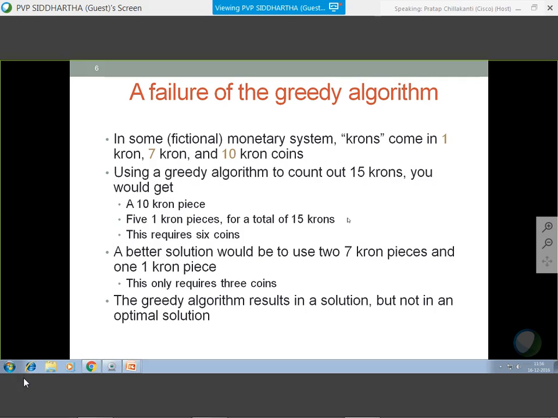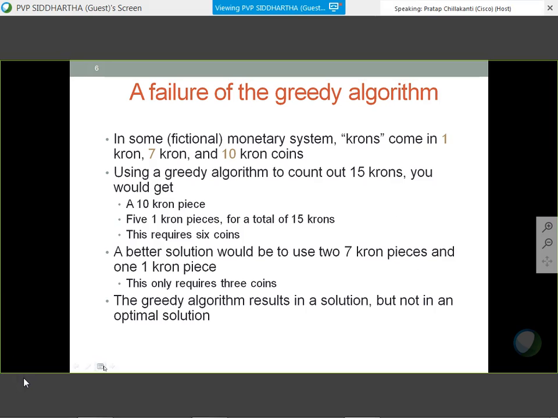Keep on choosing highest denomination until it exceeds the value that we are looking for. That is rule number 1 in greedy. So you have to choose 10, because that's what greedy method tells you to do. But if you do it, you are going to end up with 6 coins. But if you modify your greedy in some way, then you get a better solution with 2 7 krone pieces. Okay, go to the next slide, please.